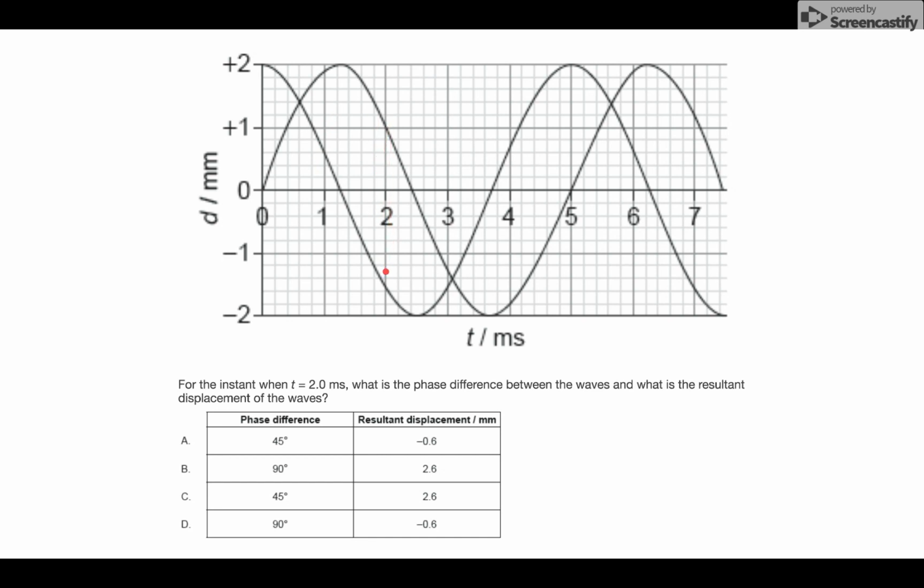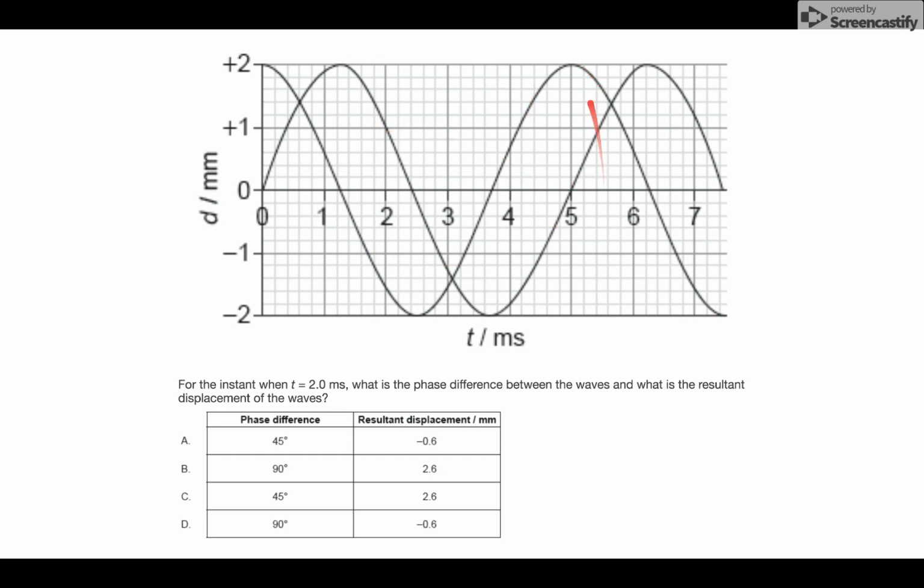At this point, to be honest, I find it not as easy to find the phase difference, so I'm going to stick to something that makes my life easier. I'm going to look at any point throughout the graph to find the phase difference.